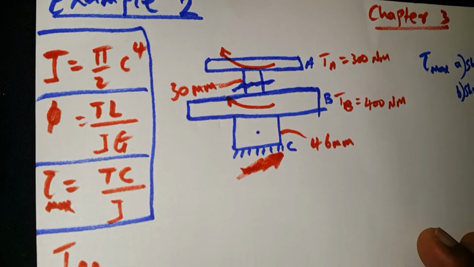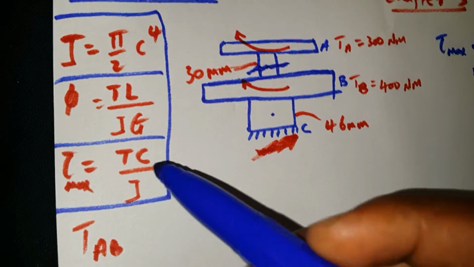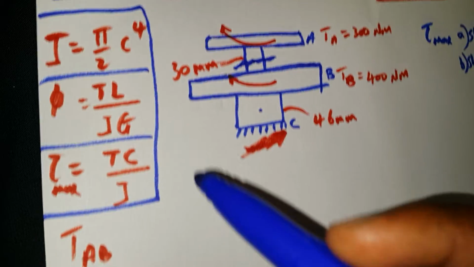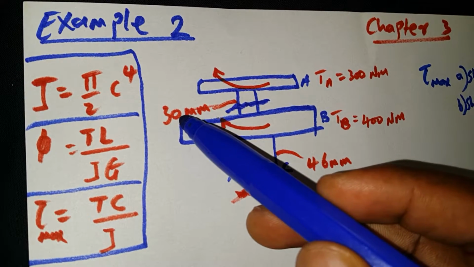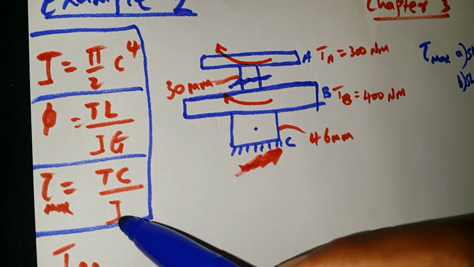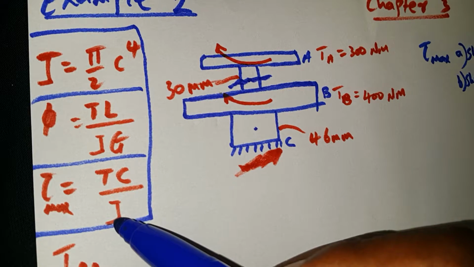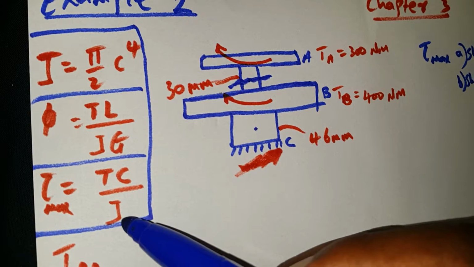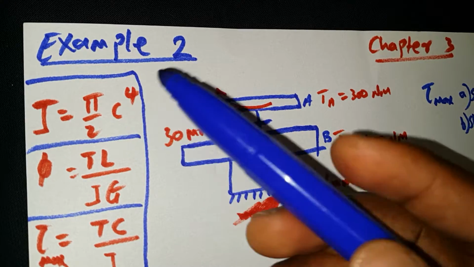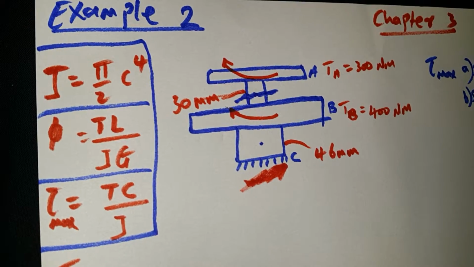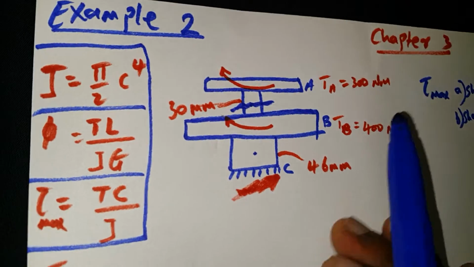Here we know our c is diameter over 2, so 30 divided by 2 is 15. We already know this. And we are going to find J, which is pi over 2 c to the 4. So let's solve this example.